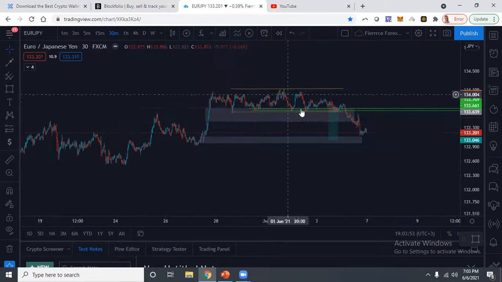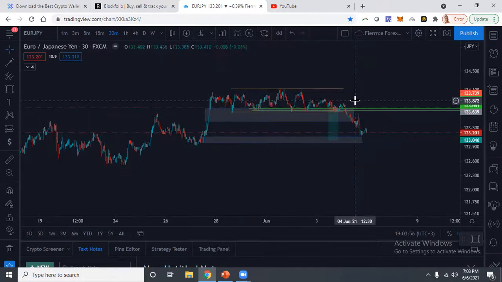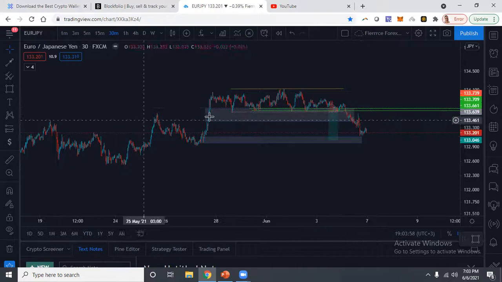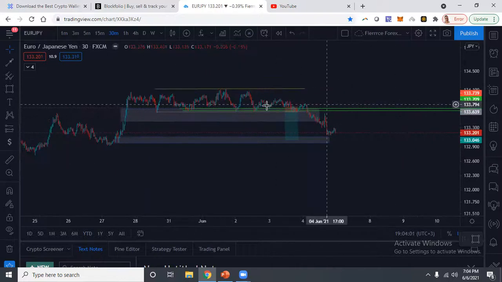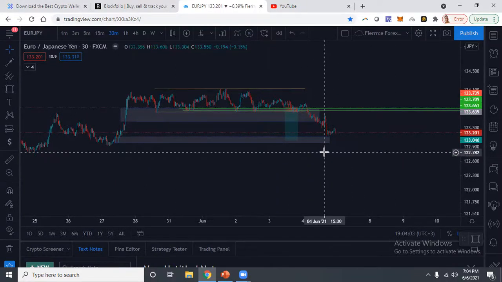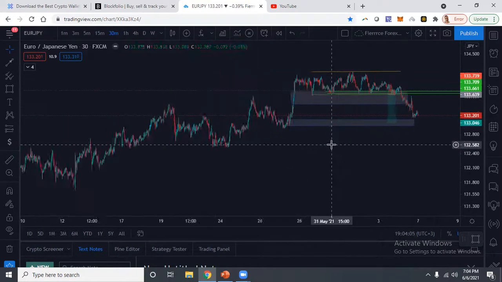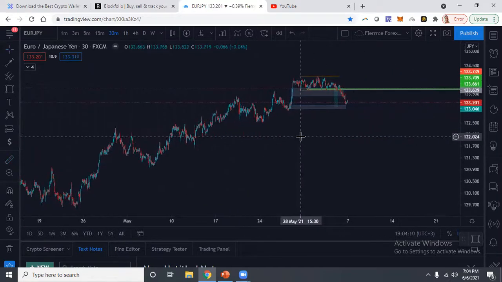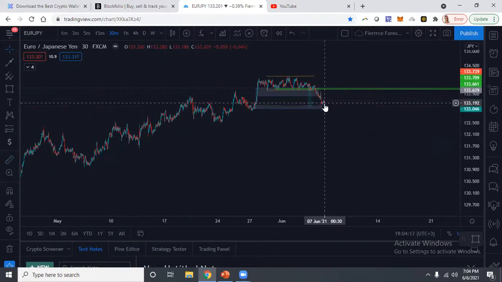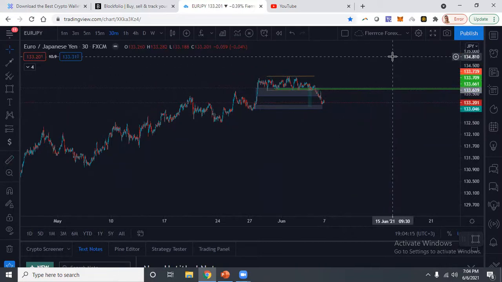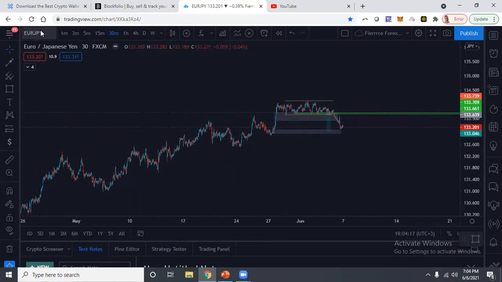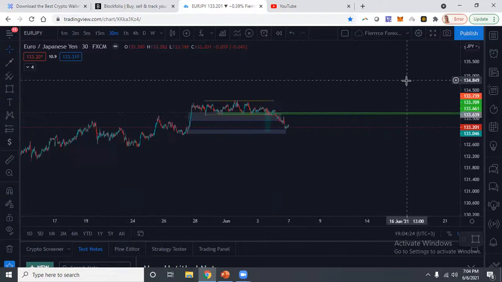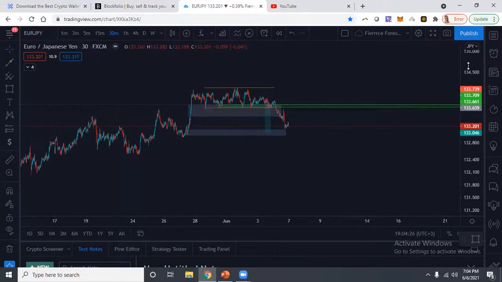So we pushed up, retested this level for a while, and then pushed below and retested this level again, this supply zone, and came down, right? So looking at this, Euro JPY has been bullish. I would really like for it to maybe push below, then continue to the upside. I would still be looking for buys on this. There was a bit of distribution happening up here for quite a while.